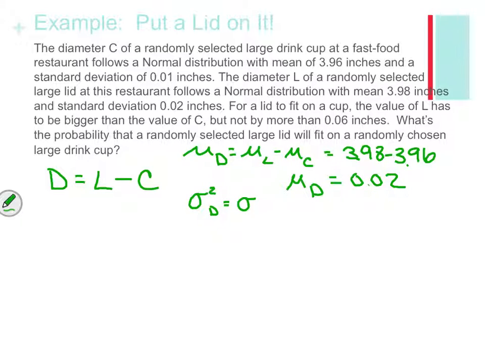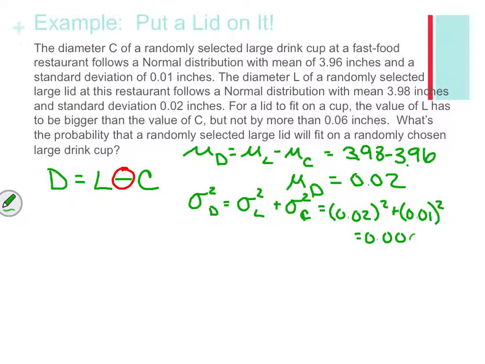Just because I am subtracting doesn't mean that I subtract here. I still have to add the variances. Despite that you're looking for a difference, it's the sum of the variances. So I have 0.02 squared plus 0.01 squared, which gives me 0.0005. That is how I'm going to find my standard deviation, so it's about 0.0224.